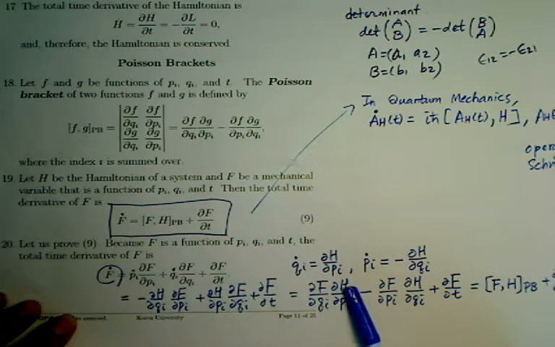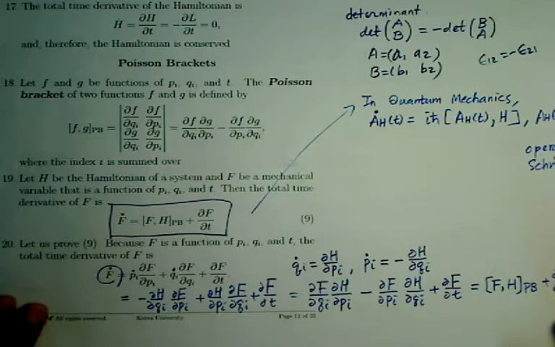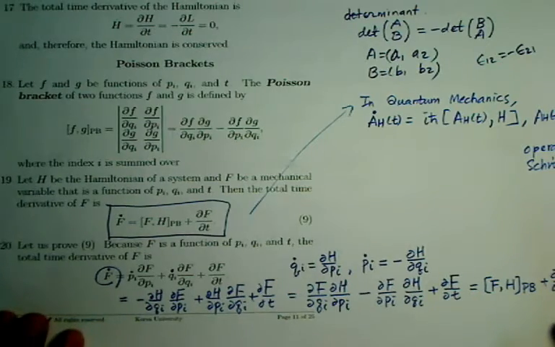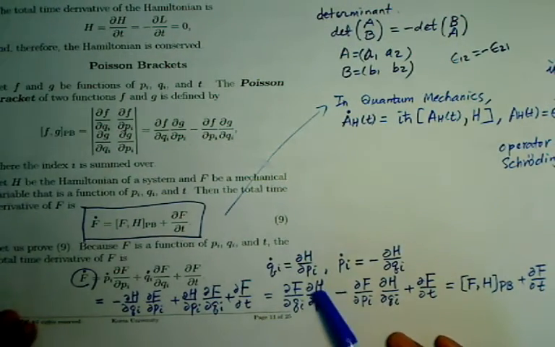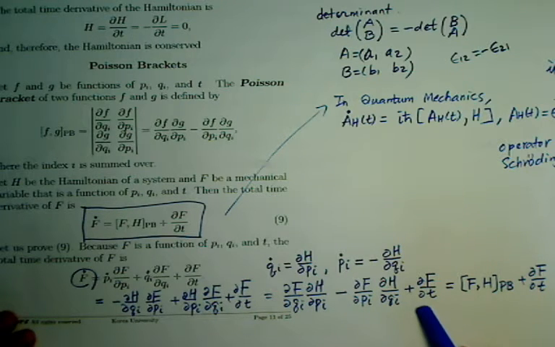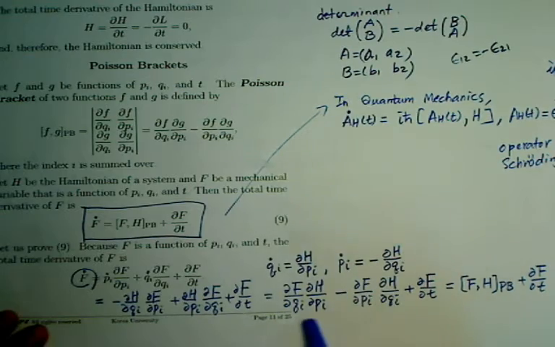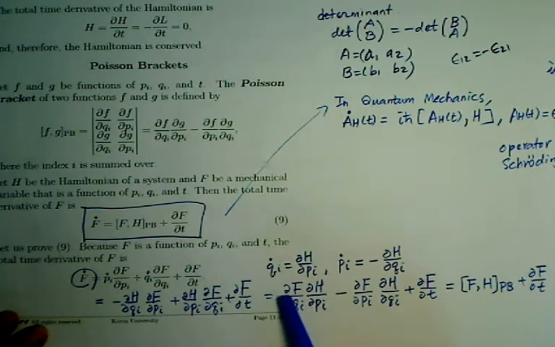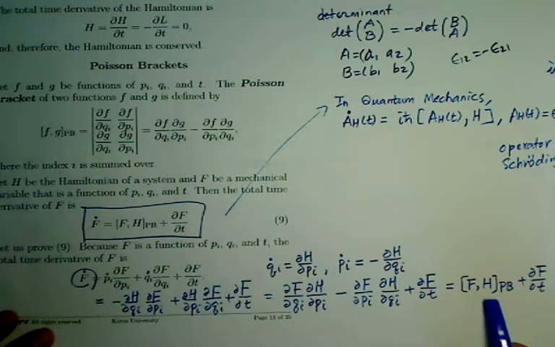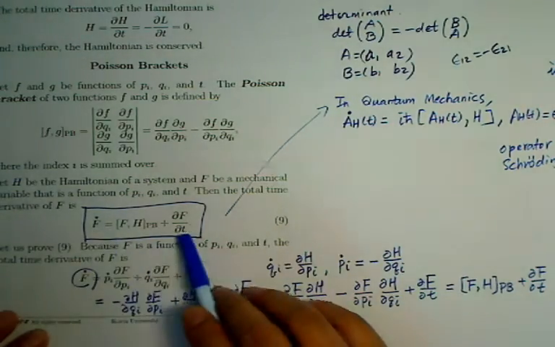So the bracket of f and H, qp minus pq, plus the partial time derivative of f. All right. So this one is the Poisson bracket for the mechanical variables f and the Hamiltonian, plus the partial time derivative. So this one is the same as this.